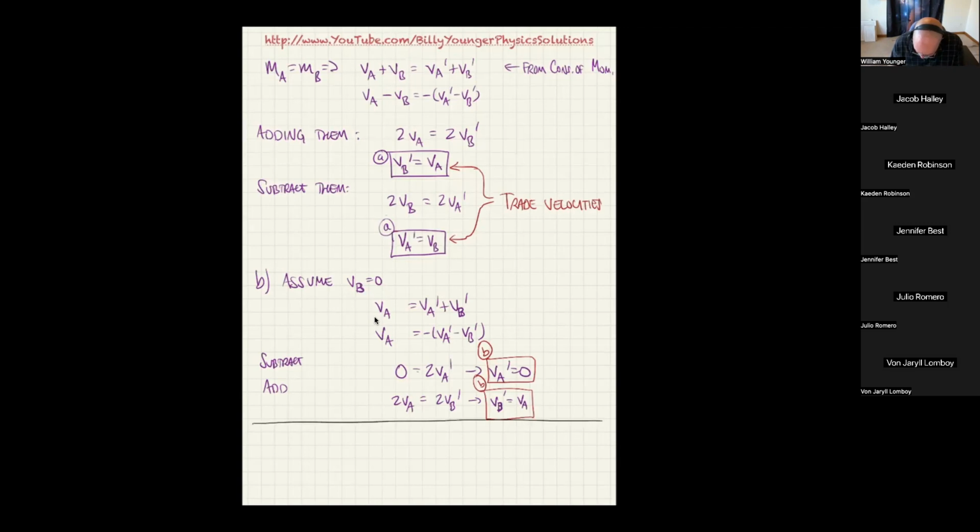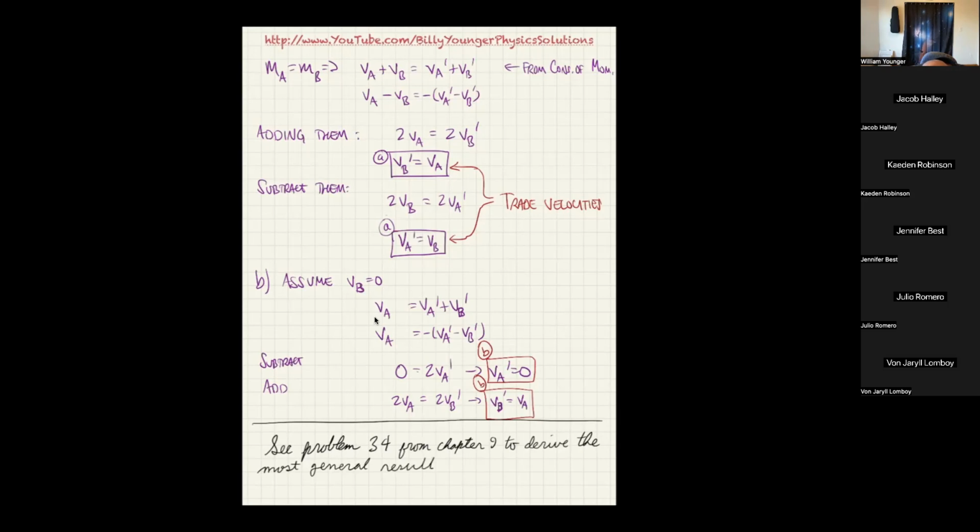So I'm going to write: see problem 34 from chapter 9 to derive the most general results for a one-dimensional elastic head-on collision.